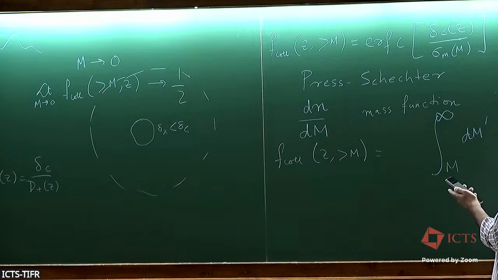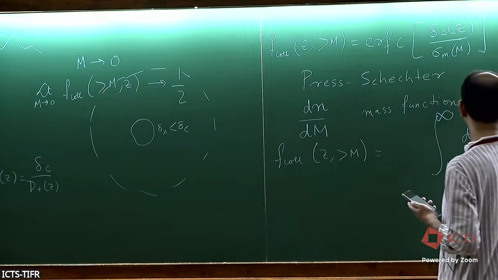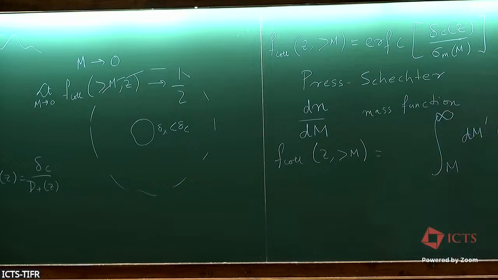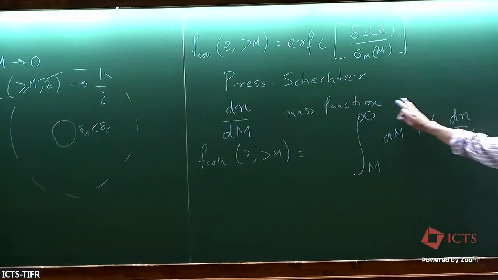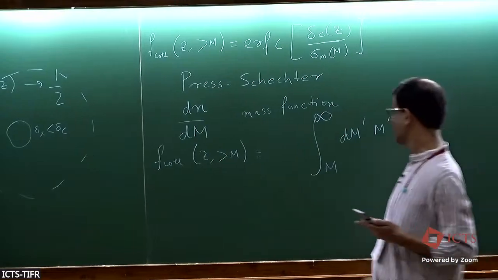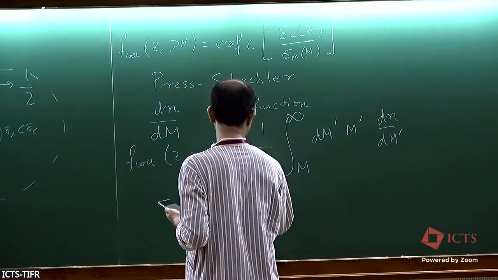This is the number of halos per unit mass above m, and then I multiply by mass. So this is the mass content within halos having mass greater than m per unit volume. So this is the density basically, and that I divide by the average density.